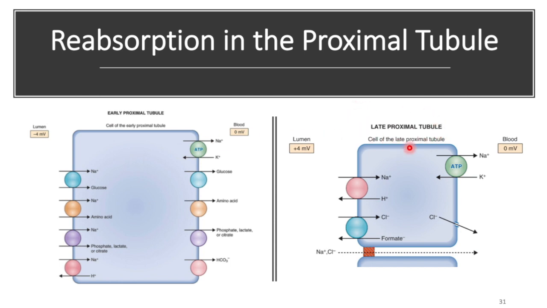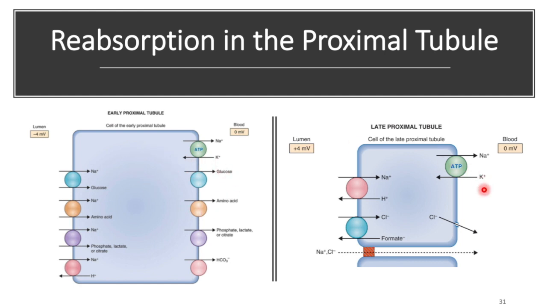In the late proximal tubule, the substances that are majorly reabsorbed are sodium chloride. Because when the filtrates reach the late proximal tubule, all the filtered glucose and amino acids have been reabsorbed into the blood.